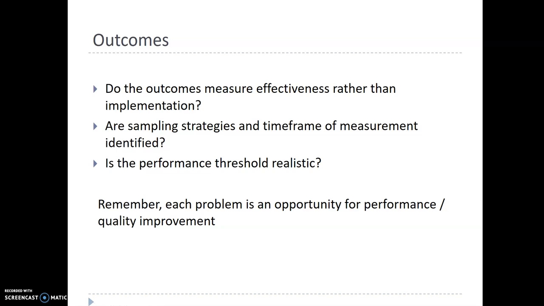Do you have sampling strategies and a time frame of measurement identified? And is the performance threshold realistic? 100% fall prevention is a great goal, but is it really realistic to identify that no one else will fall on the unit? Remember, each problem is an opportunity for performance and quality improvement.